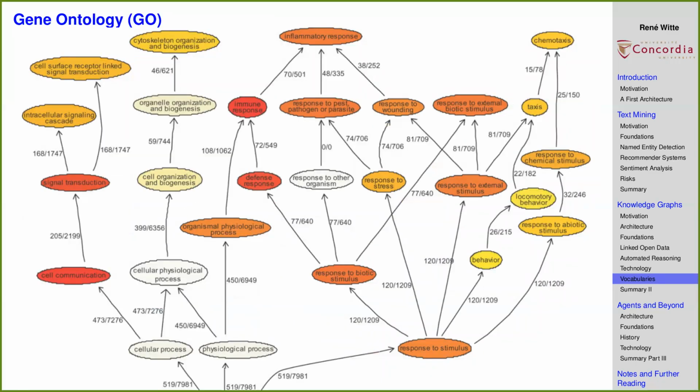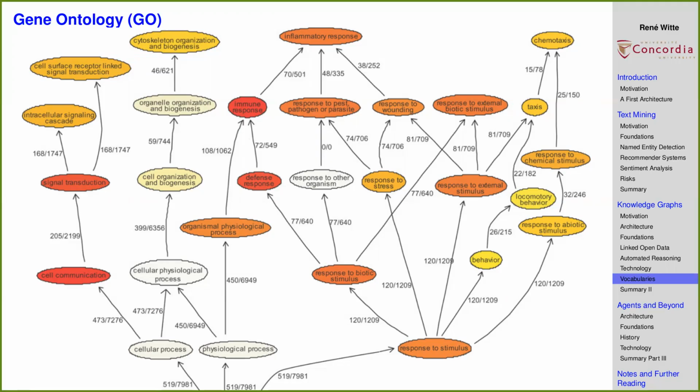Another example is the gene ontology that models knowledge about biological information, processes, and so on. So here it's interesting that this kind of technology was adopted very early on in biomedical research, because they very early on had the problem that they have too much data for humans to handle, especially with modern gene technologies.